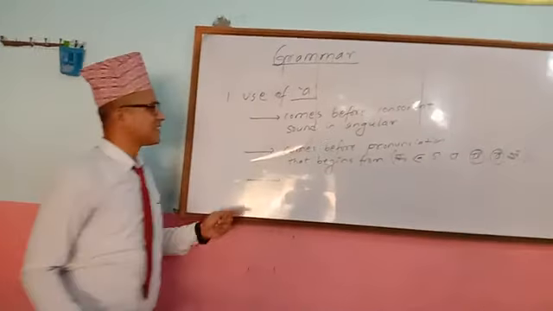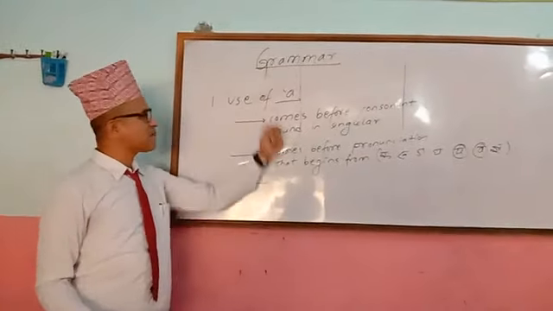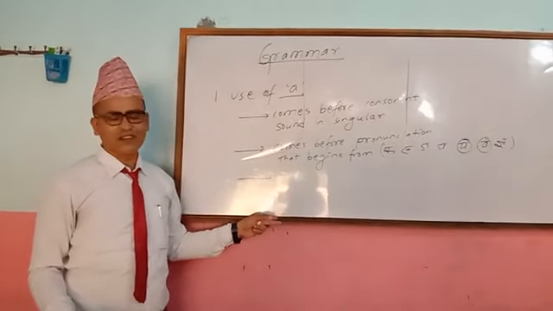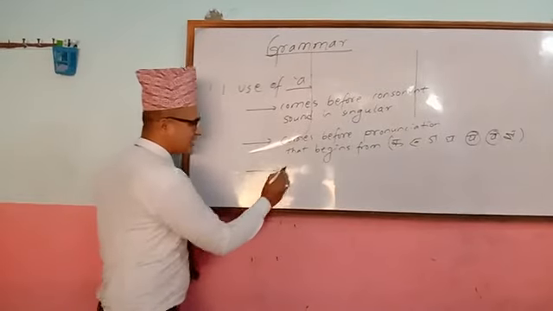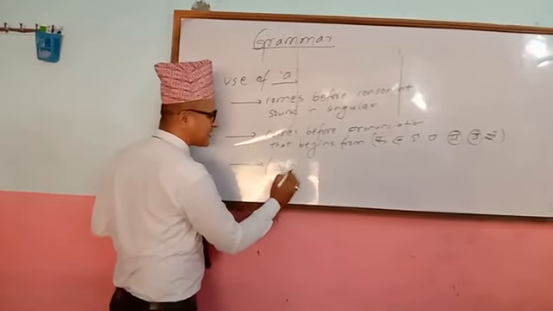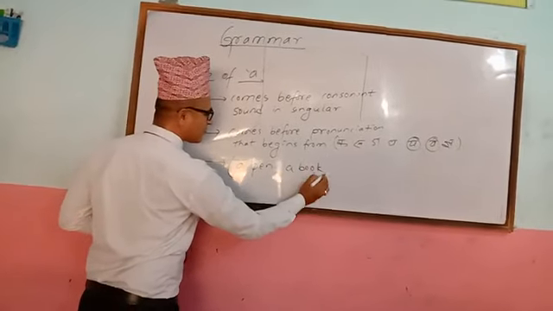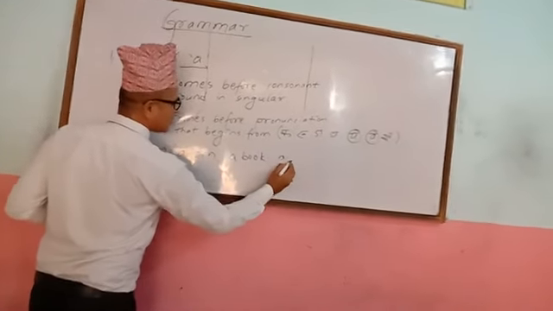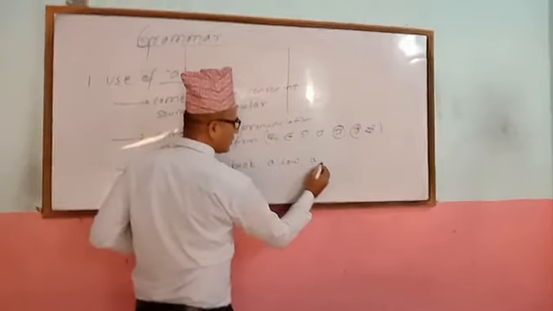Dear students, we need to understand the examples of a. We can easily say a pen, a book, a cow, a boy.